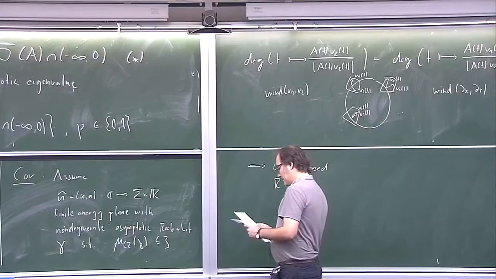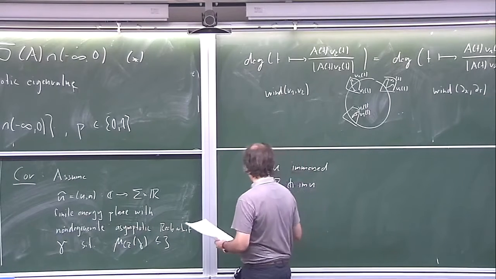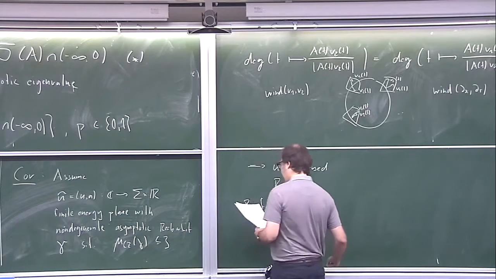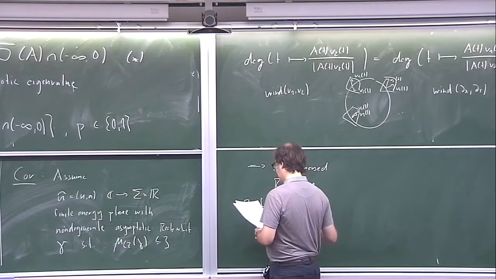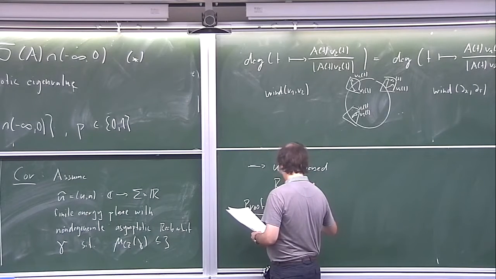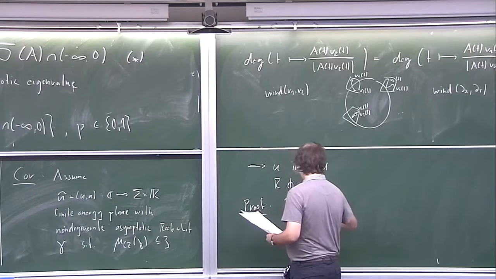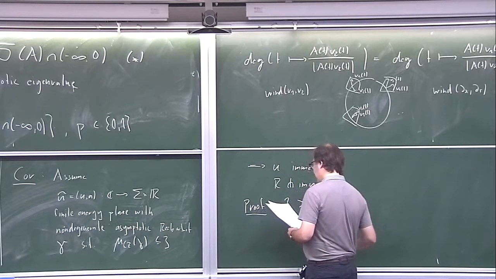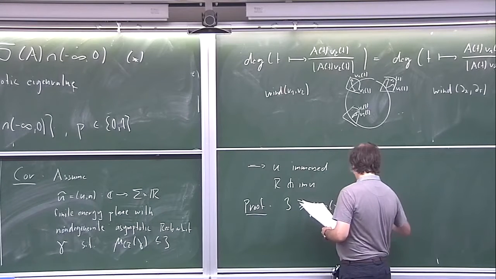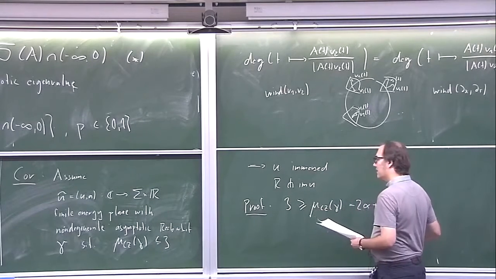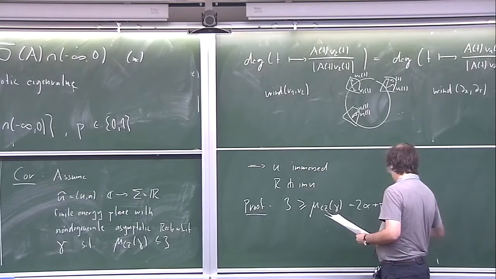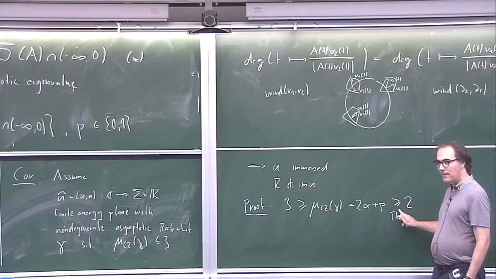Good. So let's prove the corollary. We have 3, which is by assumption bigger or equal to the Conley-Zehnder index of gamma, and this is 2 alpha plus p, and this is also bigger or equal to 2, which we now know by the theorem.